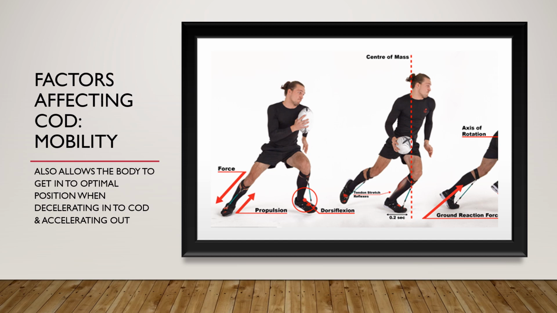So by having sufficient mobility, then it's going to be really advantageous when it comes to actually changing direction. And again, having good mobility can be particularly beneficial when we're in a disadvantageous position. So when we're in awkward positioning, having good mobility around the key joints can be a significant advantage when it comes to changes of direction.